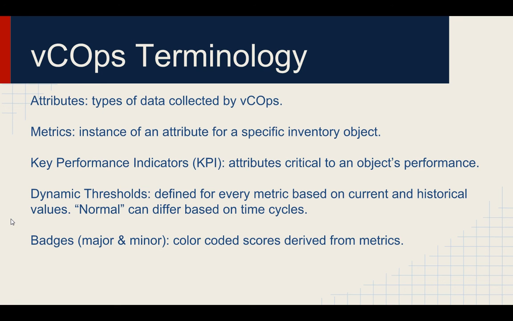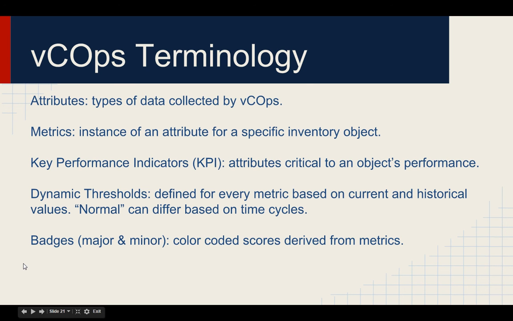So if you have a weekly or a monthly closeout process that hits your databases and your app servers really hard, vCOps, Operations Manager, will actually learn that and stop alerting you because that's normal. That's supposed to happen. Whereas with a static threshold, you'd get that alert every week or every month whenever that occurred.